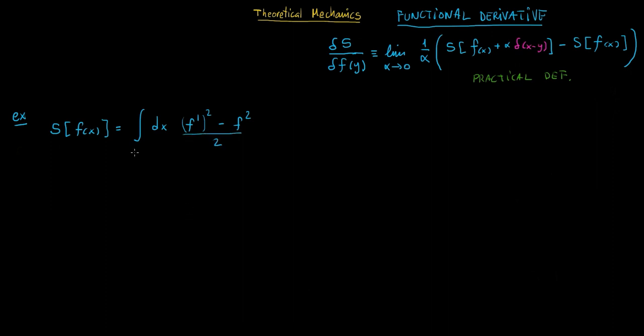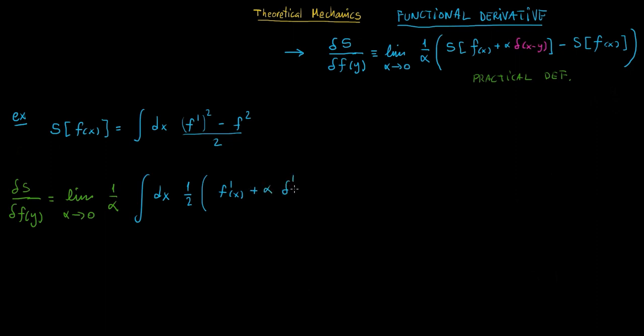Okay, let's compute the functional derivative using the definition. This will be the functional derivative with respect to f of y, which is the limit when alpha goes to 0 of 1 over alpha, the integral dx of 1/2 times f prime of x plus alpha delta prime x minus y. This prime is important because there is a delta and there is a prime here, so the consequence is that there is a prime here.